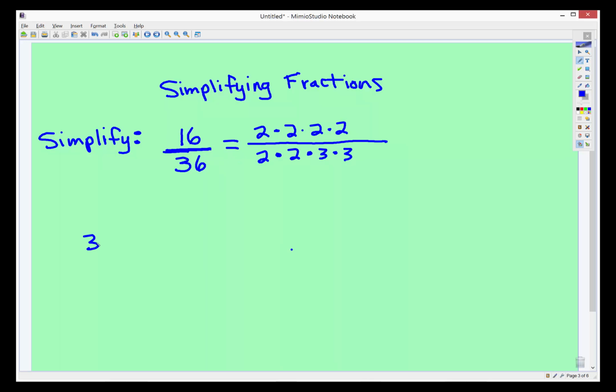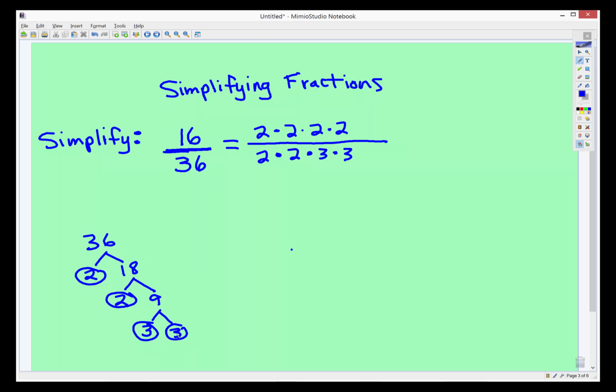If you're not sure when you're doing it, just do this. 36 is even, so 2 times 18. 18 is even, 2 times 9. 9 is not even, and 3 goes into it, 3 times 3. Notice, these don't have any other branches. That's the prime factorization of 36.